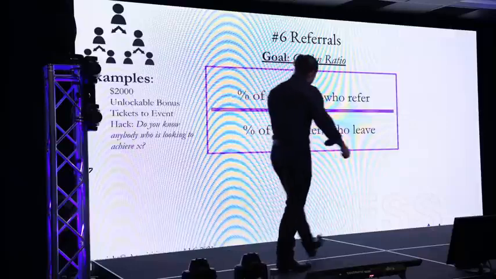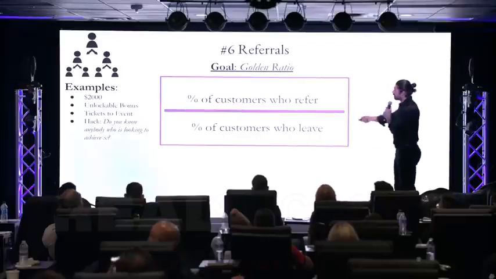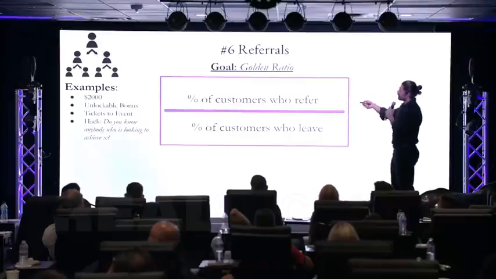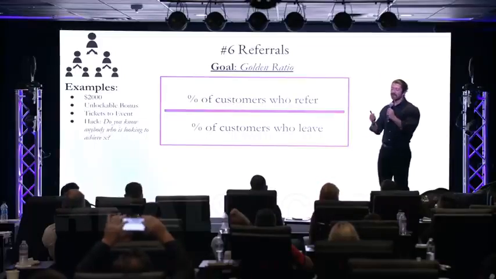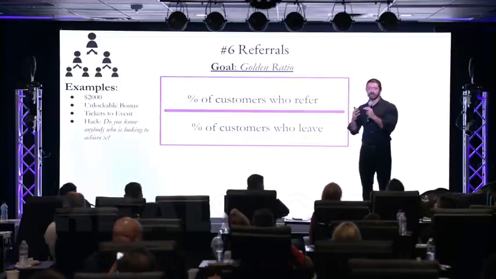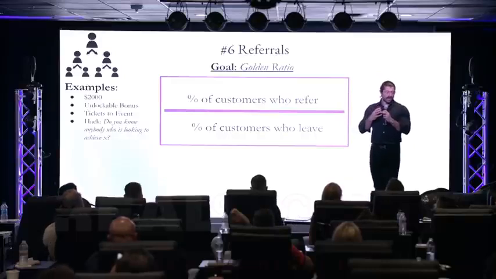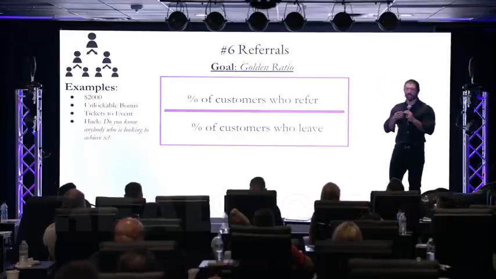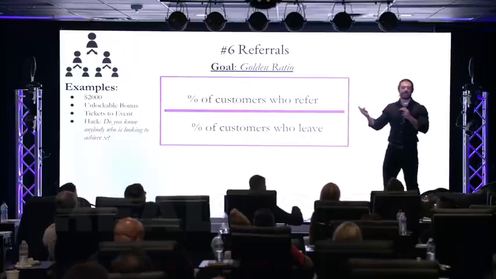So here are some examples of stuff that we do for incentives. I'm going to give you a really sexy one right now. So obviously there's the cash one. The unlockable bonus is something that's really nifty. If you have a VIP service or some sort of thing that's of value, like those bonuses I was talking about, something that's really sizzle, right? It could be a software feature. It could be a training. It could be anything that you can think of.